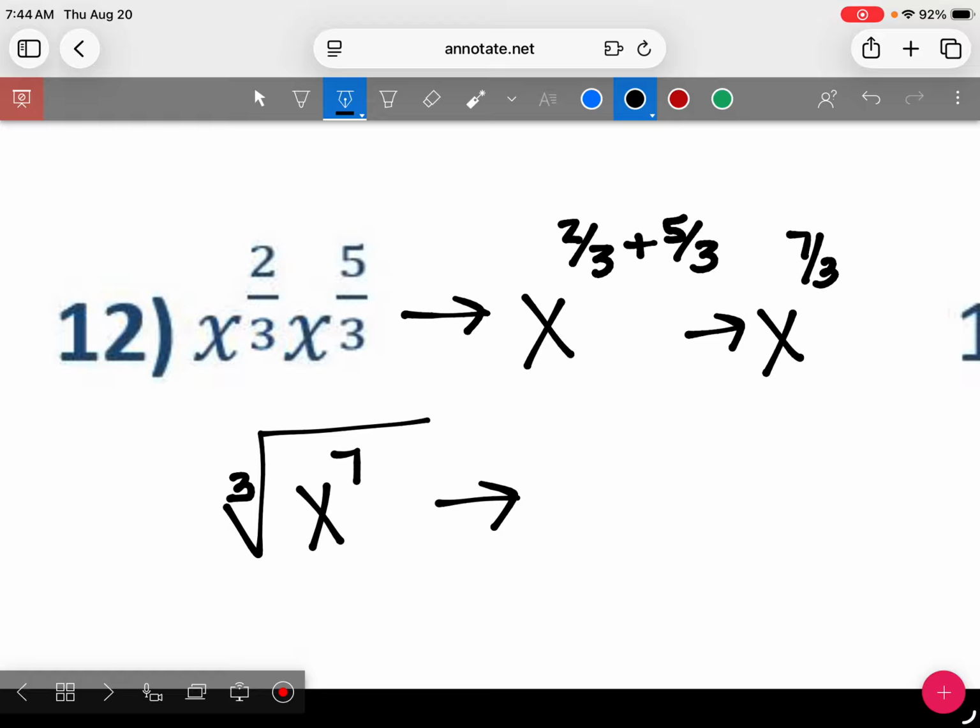How many groups of 3? 2. So I have x squared, but I have some left over, right? How many are left over that I have to keep underneath? 1. This would be the answer that I'm looking for.